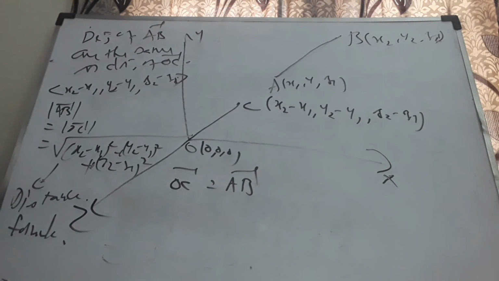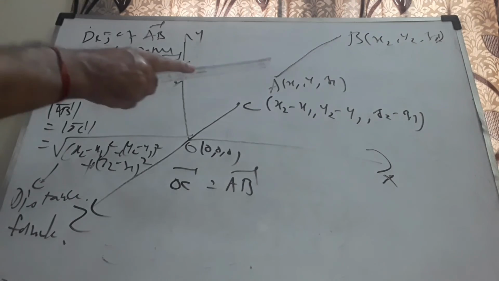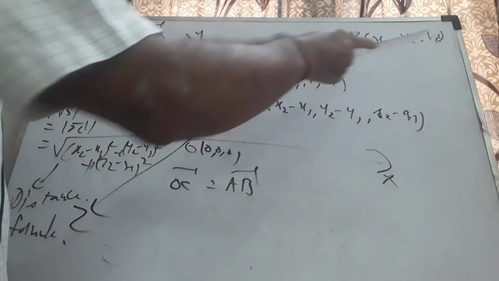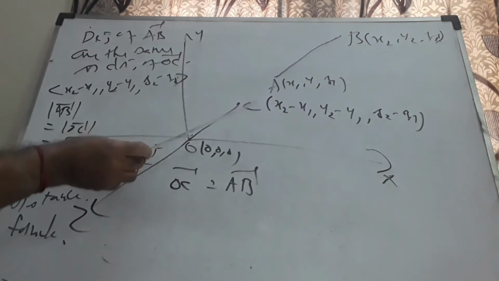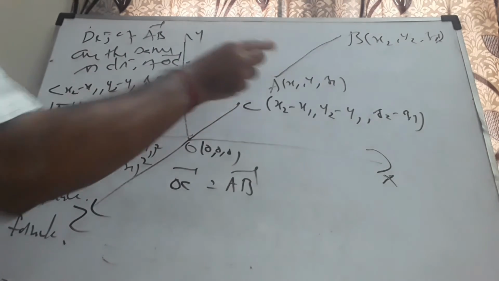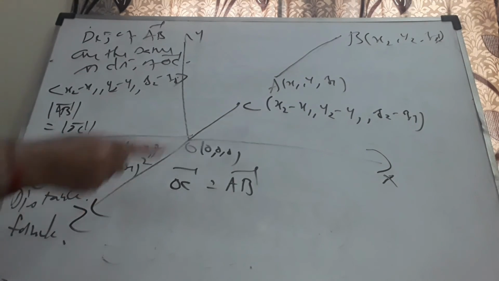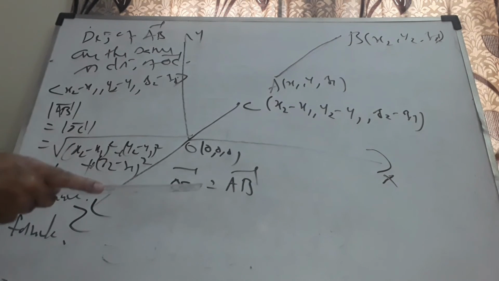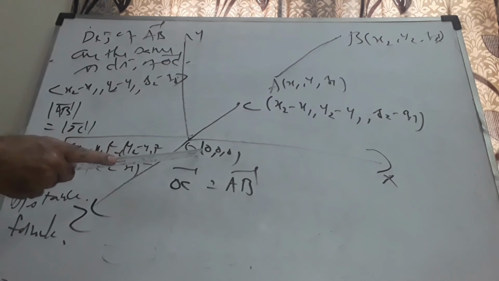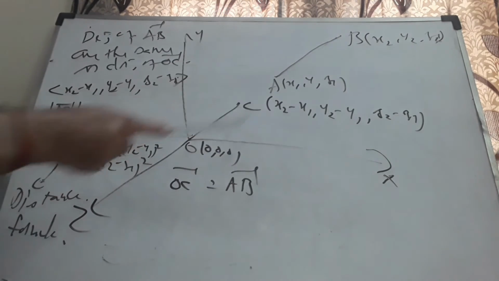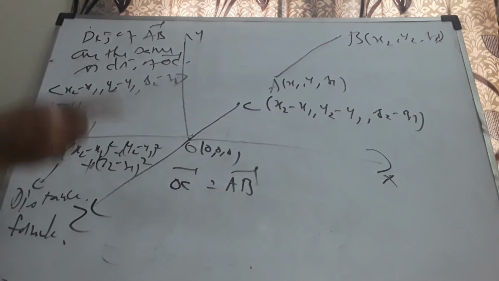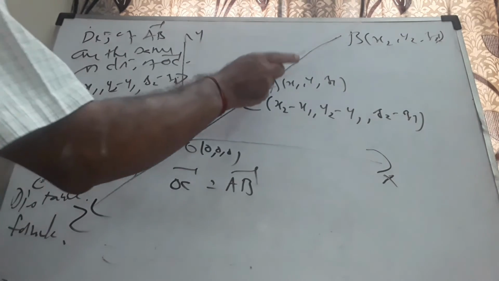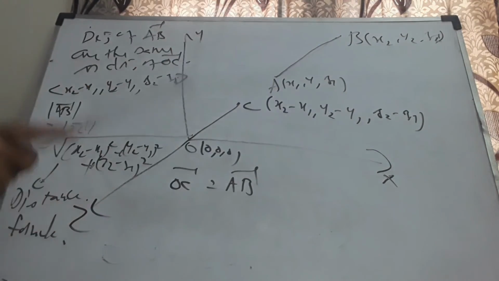Let me just repeat the whole process again. I have taken a segment AB or vector AB where A is x1, y1, z1 and B is x2, y2, z2. I am drawing OC vector equal to AB vector, O is 0, 0, 0. Now A, x1, y1, z1 is shifted to O, 0, 0, 0. Here I am subtracting x1 from the x coordinate, y1 from the y coordinate, z1 from the z coordinate. The same quantity should be subtracted from each and every point of the segment so that the parallelism will be maintained.